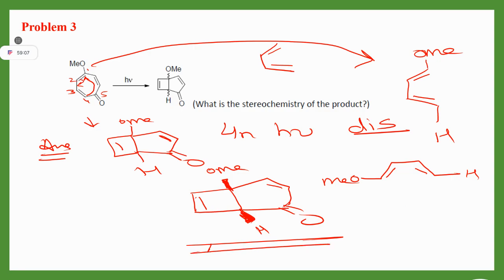I hope you are clear. If you are not, let me tell you. The end orbital sign should be like this. Psi 2 will be HOMO, right? So in order to have constructive overlap, one lobe should go there and another should go there. So OMe and H will come on the same side, right? Therefore, the stereochemistry of the product is cis. I hope it is clear to everyone.